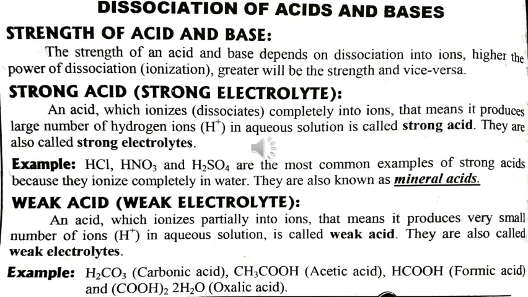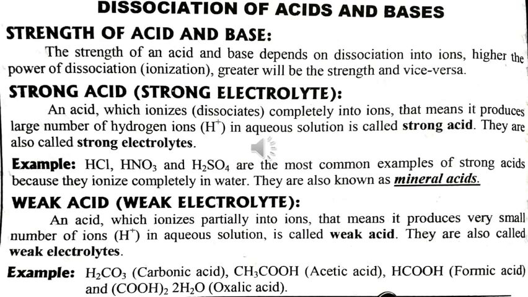For example, HCl, HNO3 and H2SO4: sulfuric acid, nitric acid, hydrochloric acid. They are the most common examples of strong acids because they ionize completely in water. They break into their ions completely when they dissolve in water. They are also called mineral acids.